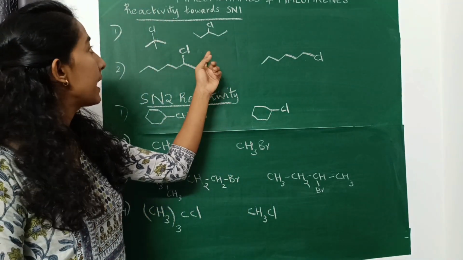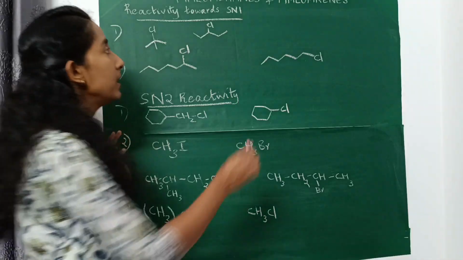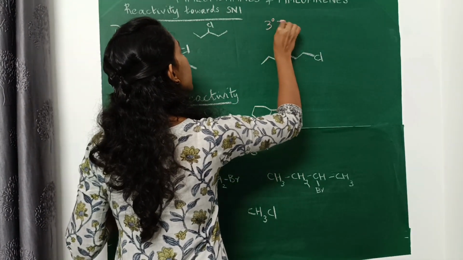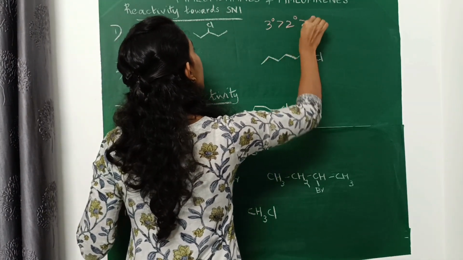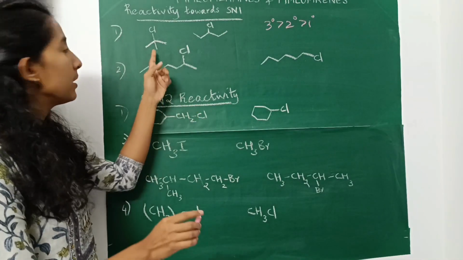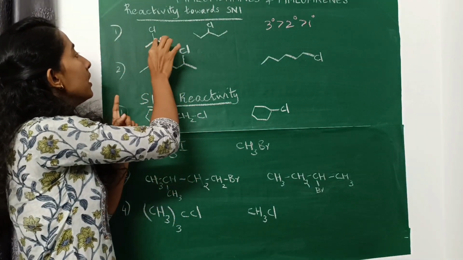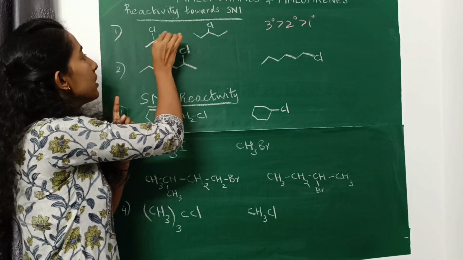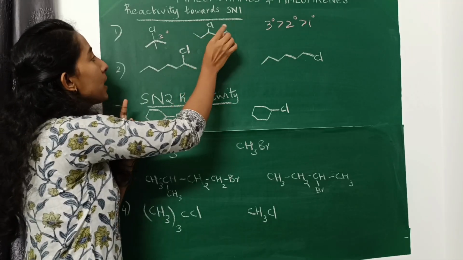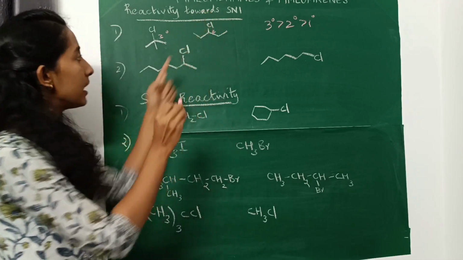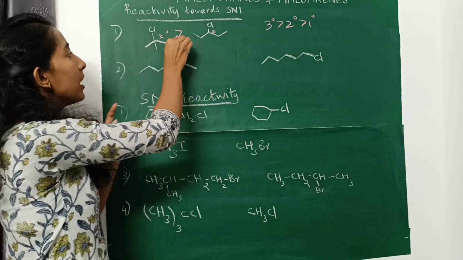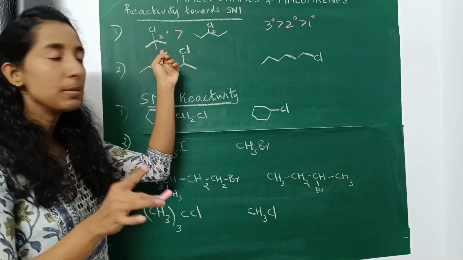So first, reactivity towards SN1. We know for SN1 the order is tertiary, secondary, primary. This is the reactivity order. In this case, you can see this carbon is attached to 3 carbons, so this is tertiary, and this carbon is attached to 2 carbons, so this is secondary. So basically for SN1, the tertiary alkyl halide will react faster.